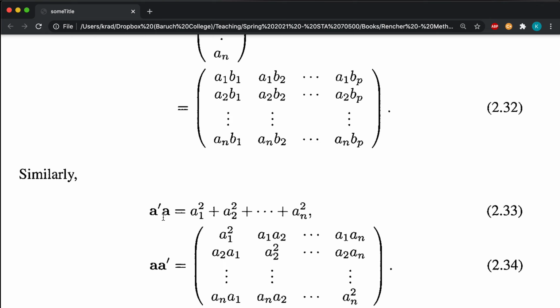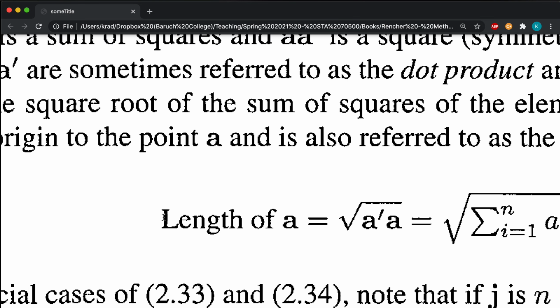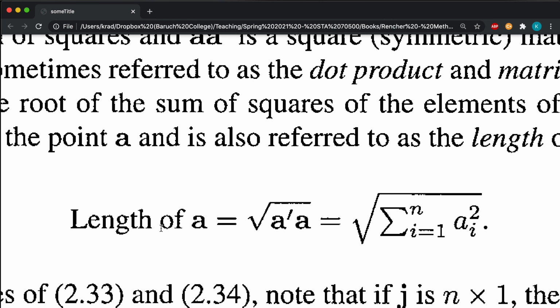It's the square of the length of a vector. A is a vector, A is a point. As I said before, what did I say before about vectors? A vector, geometrically, a vector with p elements identifies a point in a p-dimensional space.